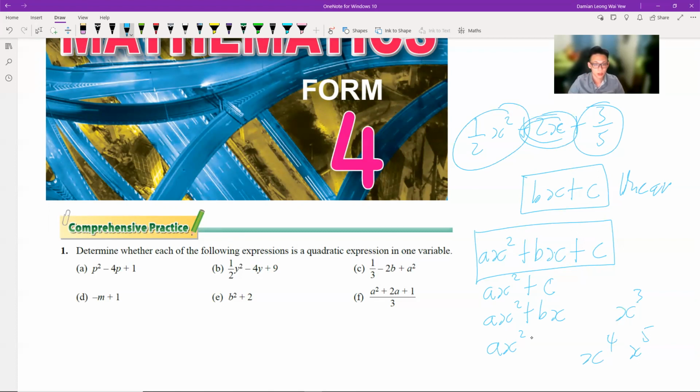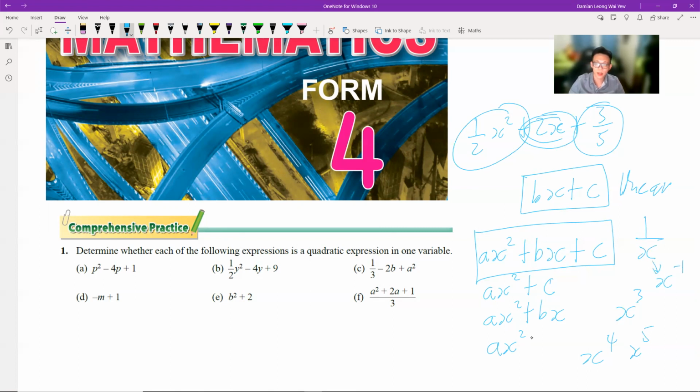It also cannot contain a variable on the bottom of your fraction, on the denominator. That will represent a negative power. This is the same as x to the power negative 1.